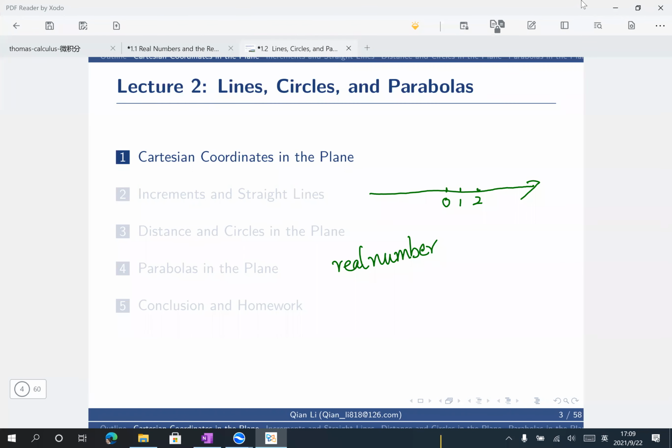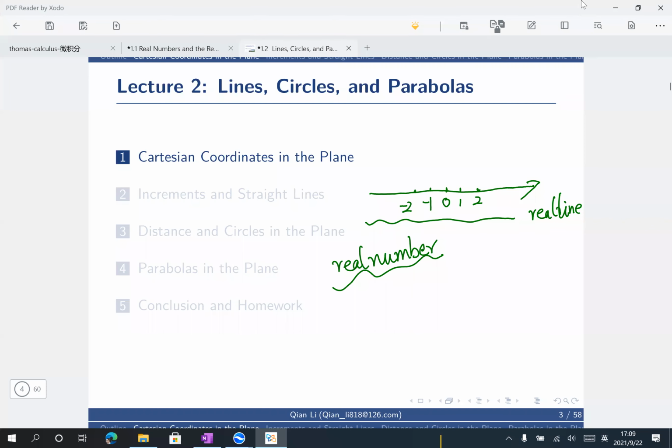Every real number can be located on this real line.